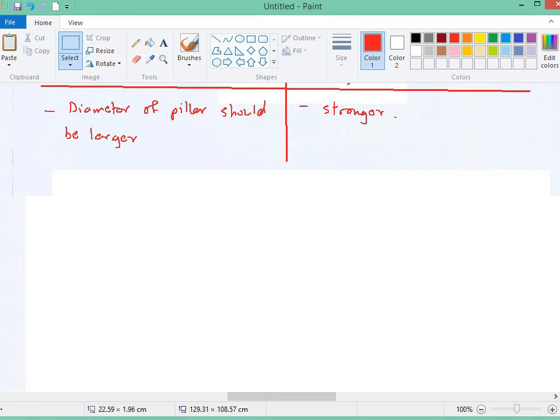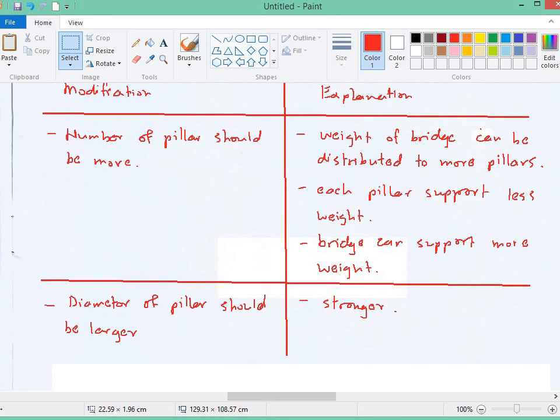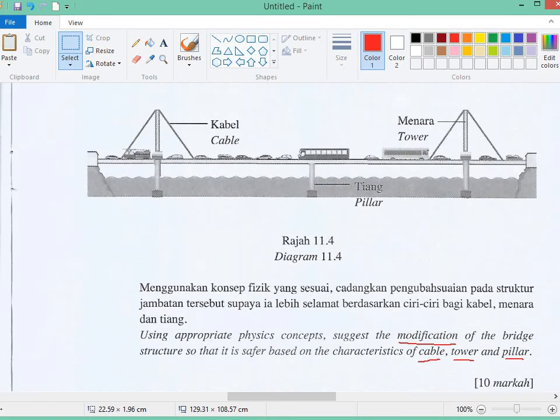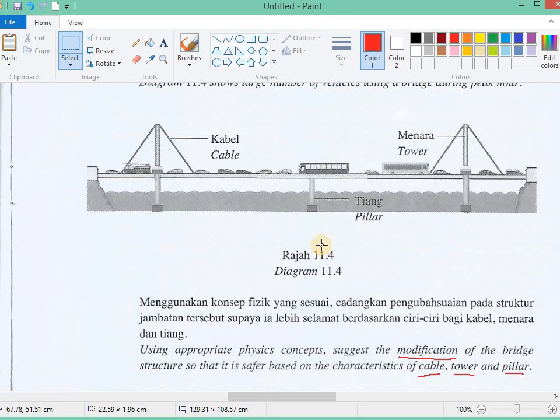Because if you want to lower the pressure, it is the base of the pillar. If, for example, the base of the pillar is like this, increase the surface area, so lower the pressure. Okay, so 2 is enough. Got 2 already about pillar.